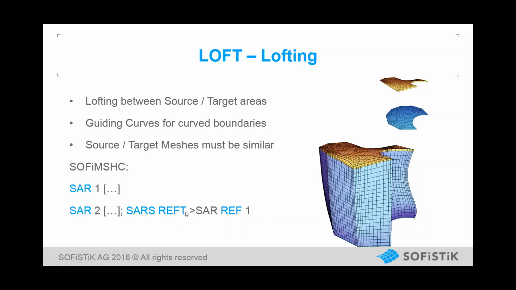When we define our target area, we make a reference to our source area in a syntax similar to this one illustrated here. If we are working entirely in SOFiMSHA, we could simply copy the quad elements that we consider to be source elements to another position that we consider to be a target area.